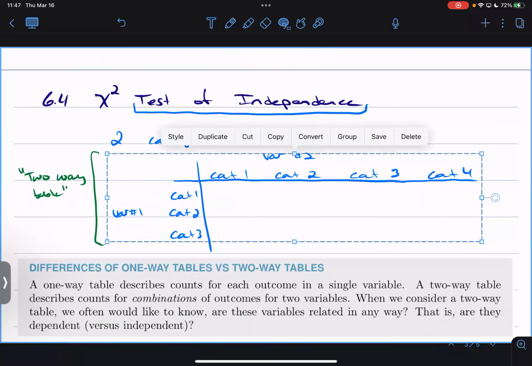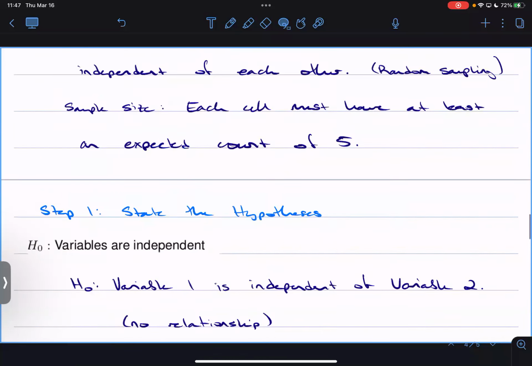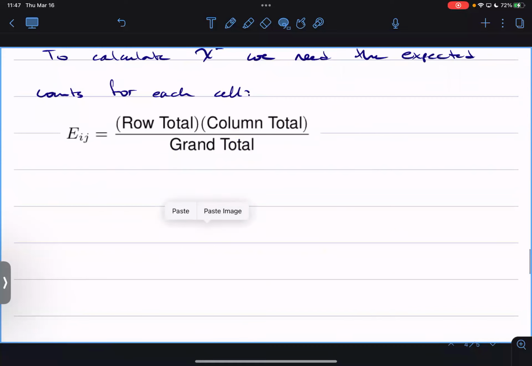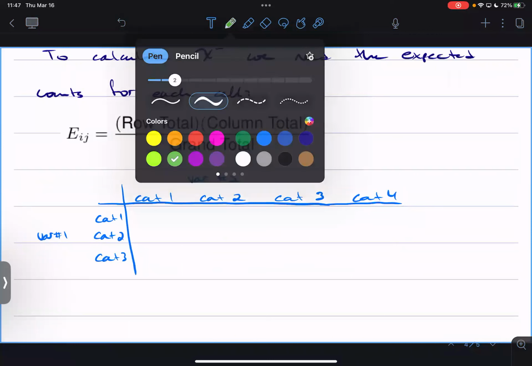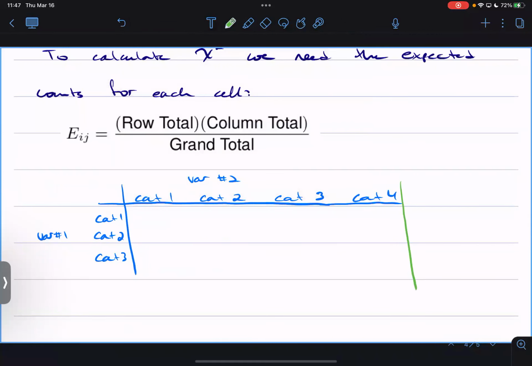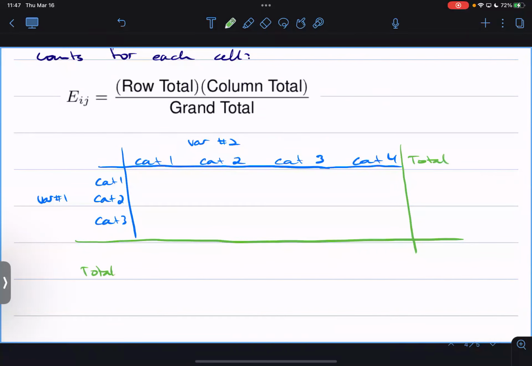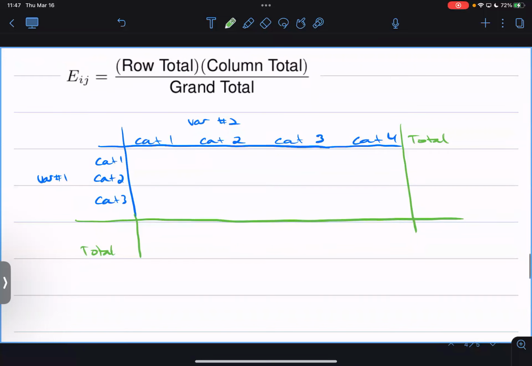Okay. So maybe I'll use this kind of fake table, copy. So here, right, I can find the totals and the totals. So here's column total 1, column total 2, column total, really wish I hadn't gone for 4 categories.